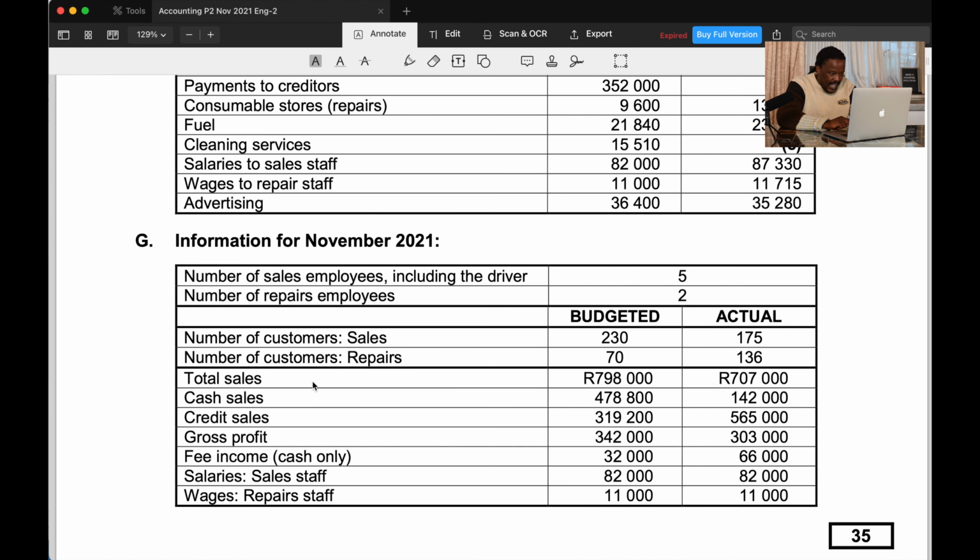What happened to the sales in terms of information G? Total sales, cash sales, credit sales. Now, total sales decreased.